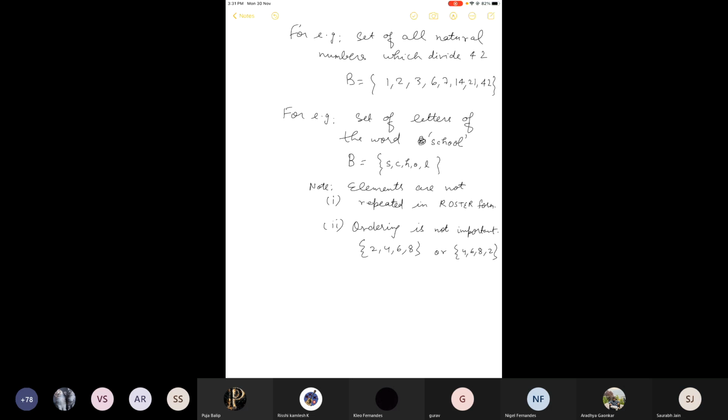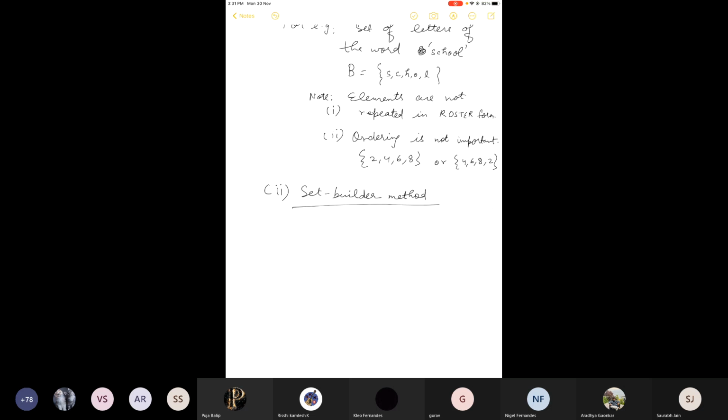The second method of representing a set is the set builder method. In this method, we do not write the elements. We write some sentence. Let us understand in simple language.